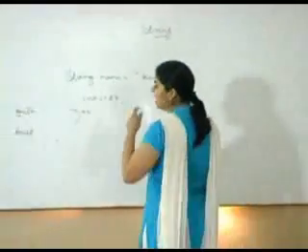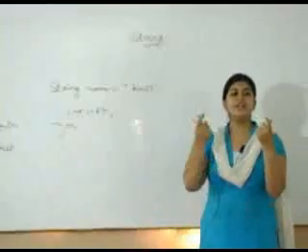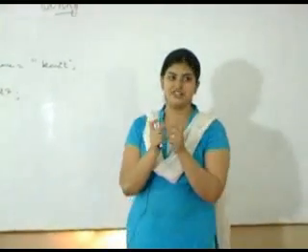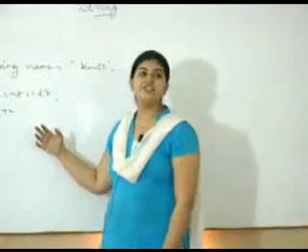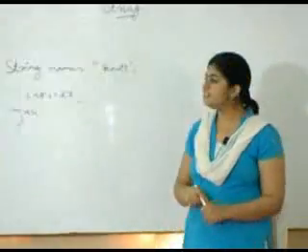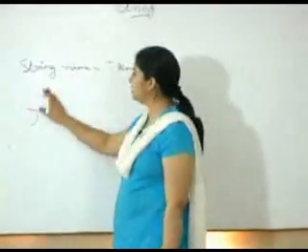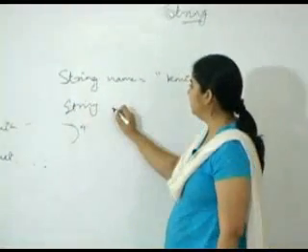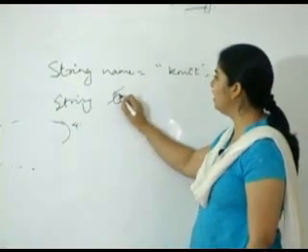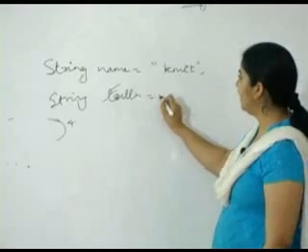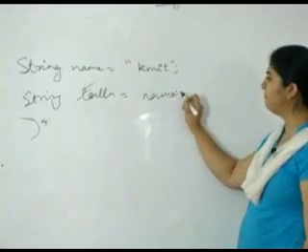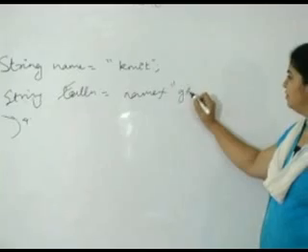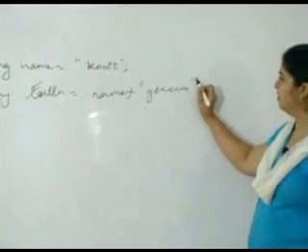Concatenation means joining two strings together. How is concatenation done? You must have often seen that I am using these things: String name, String last name or String full name, and I am saying name plus "Genesis".